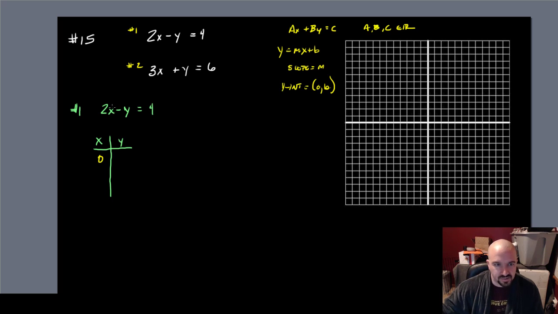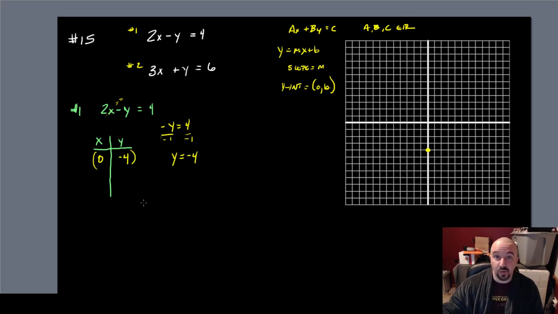So when that happens, negative y is equal to 4, and dividing by negative 1 will give us y is equal to negative 4. So the corresponding y value is negative 4. That's one of the points: 0, negative 4. 1, 2, 3, 4.